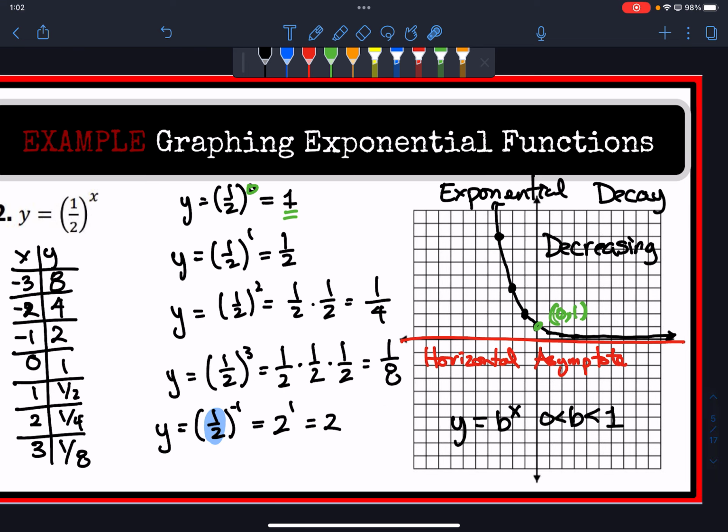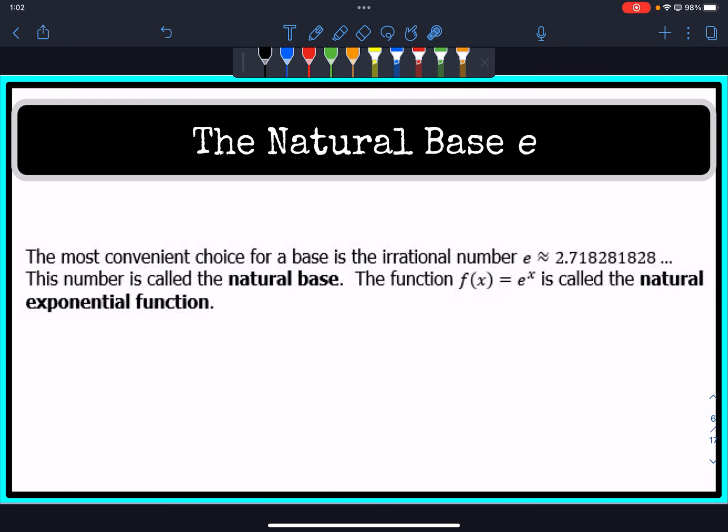Now, the most convenient of choices for a base is the irrational number e, which is named after Euler's number, approximately 2.718281828. And this number is called the natural base. The reason this is called the natural base is because it exists in nature, as you'll see when we talk about compound interest and exponential growth and exponential decay models in the real world.